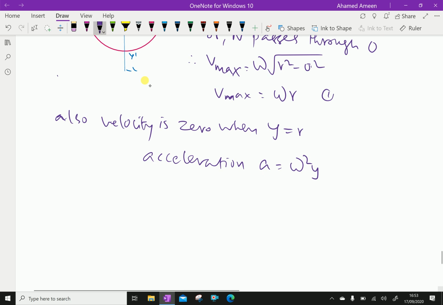Therefore maximum acceleration a max equals omega square y, which equals omega square r. Therefore V max equals omega r, and a max is omega square r.